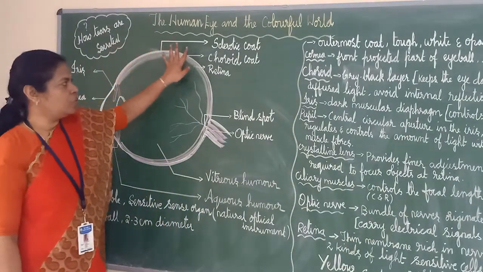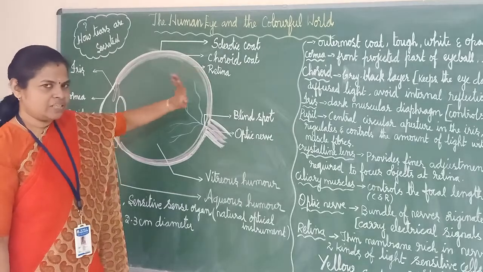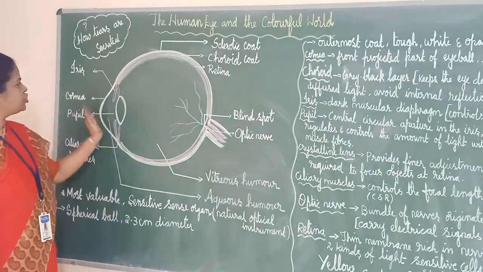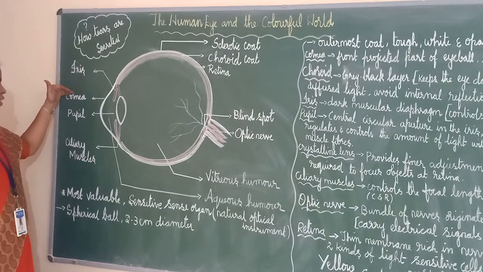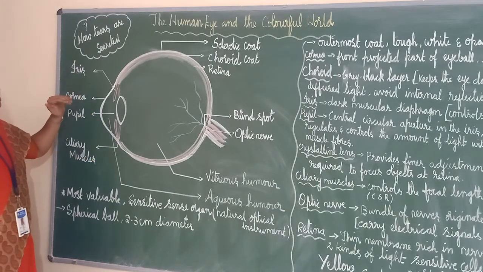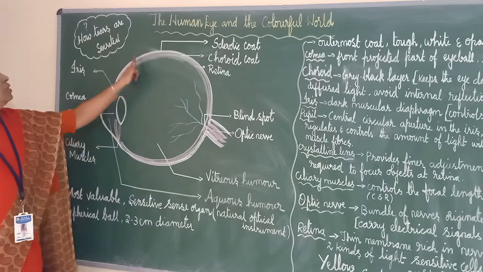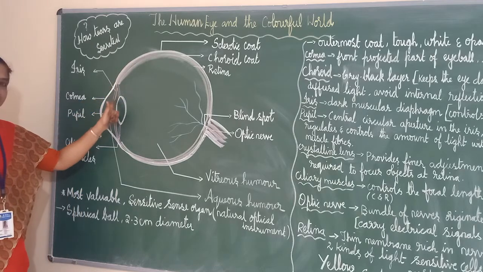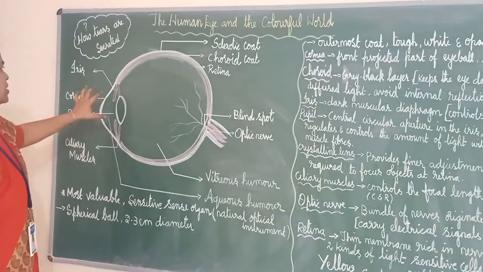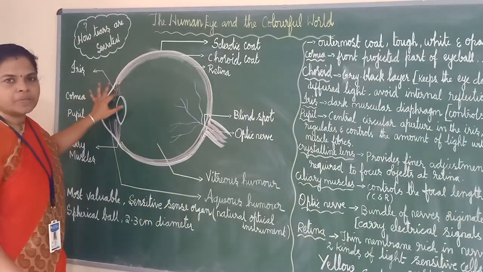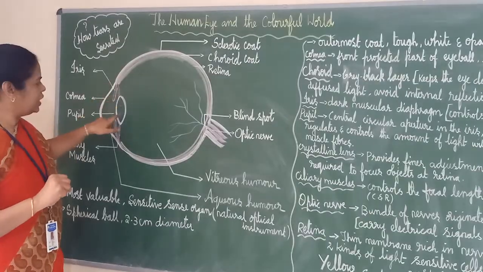So, sclerotic coat, choroid coat, retina, three layers. The bulged portion seen in the front is called the cornea. The choroid coat extends like this and is called the iris, and the ciliary muscles are holding the lens.